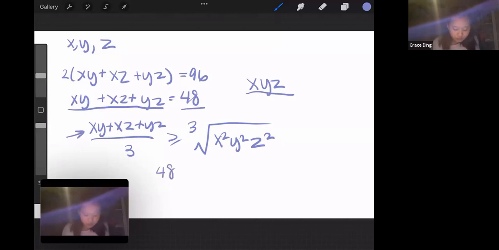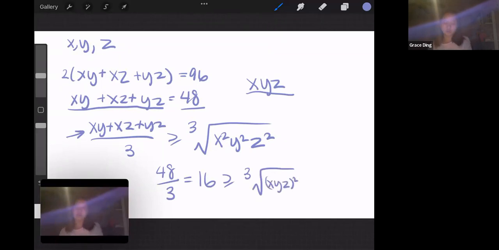So we just plug that in, which is equal to 16. It's going to be the volume squared and then cubed. So all I have to do is take 16 to the power of 3 and then square root it. And this is how we get xyz, or the volume, is going to be less than or equal to 64. So the largest rectangular box you can wrap with the paper would have a volume of 64 inches cubed.